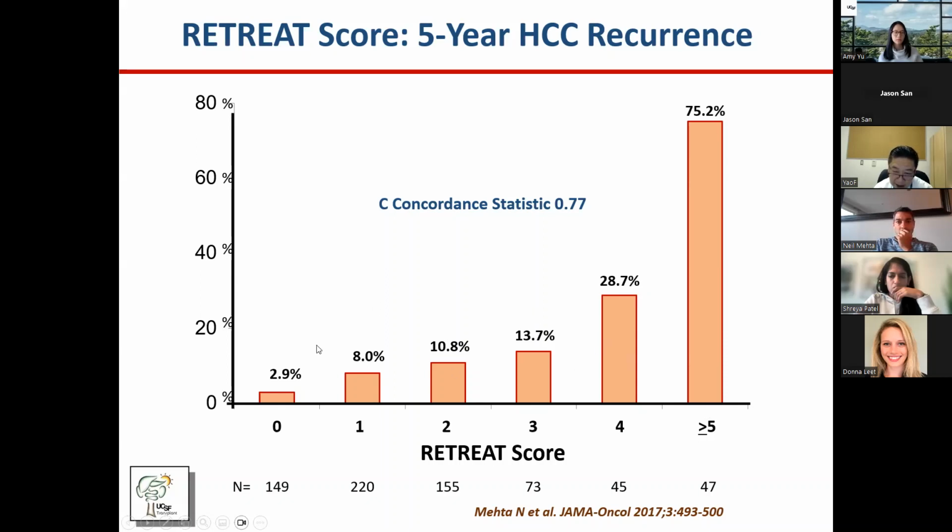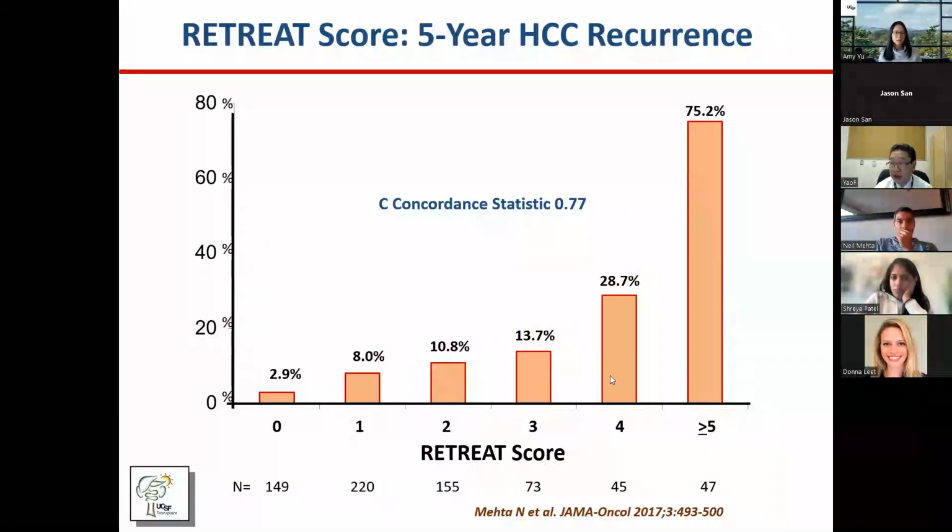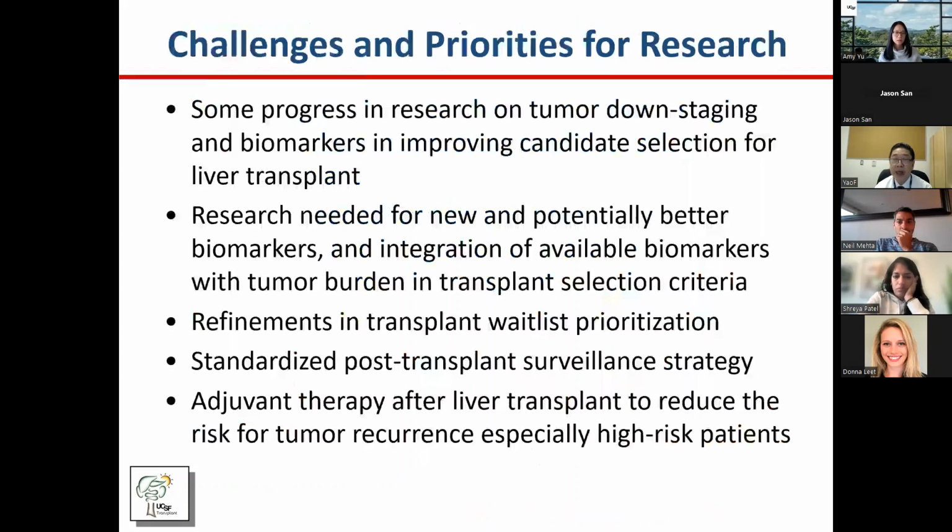So we modify our surveillance strategies after transplant. We actually don't do screening for those with a RETREAT score of 0, and then we tailor the screening strategies, both duration and intensity, according to the RETREAT score. We'll see if that approach is really justified with more time.